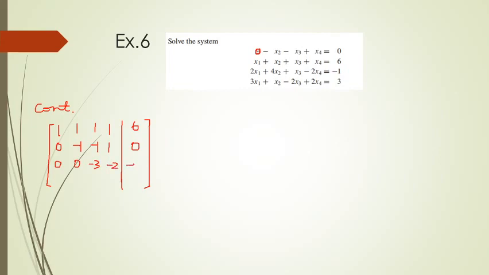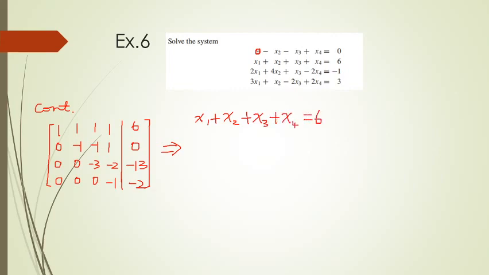Let me rewrite the strict triangular form. And as I said again, if you mess up one number in the augmented matrix, your solution is different. Your solution is wrong. So be careful of those simple calculations in each step. So we can rewrite this as a linear system. x1 plus x2 plus x3 plus x4 equals 6.